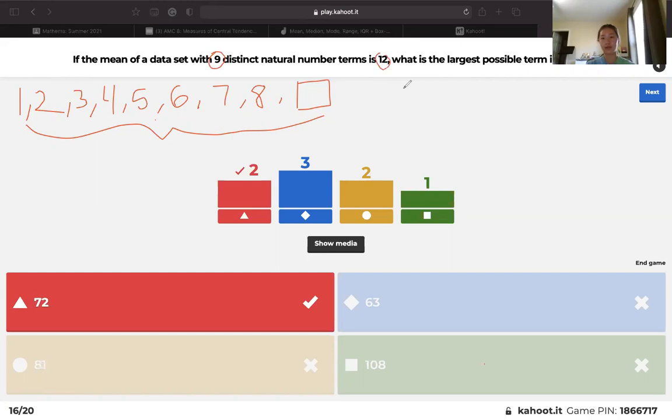So that will give us 108. And 1 plus 2 plus 3 plus 4 plus 5 plus 6 plus 7 plus 8 would be 9 times 4, so 36. And if we subtract that, we find out that our last number is 72, which is our answer.